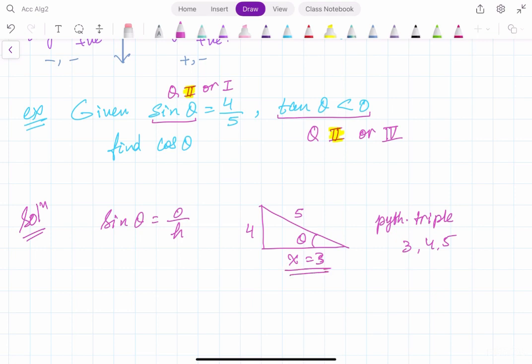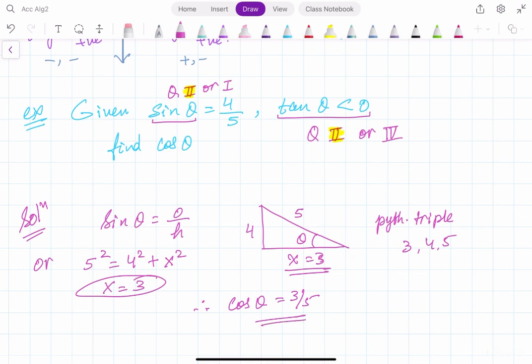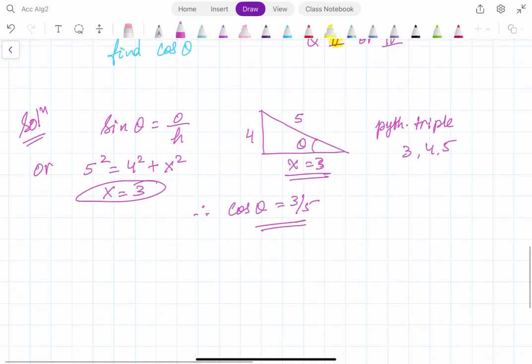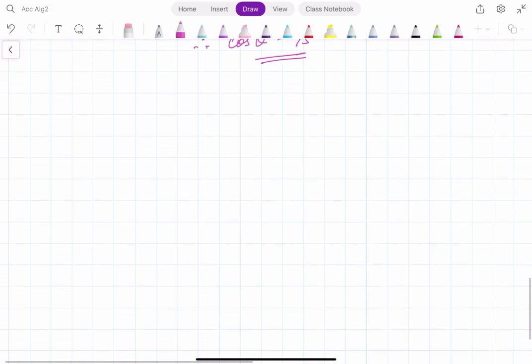So we have all the side lengths. Can I write the cos ratio? Cos ratio is adjacent over hypotenuse. The other way to understand is using the Pythagorean theorem. So hypotenuse is 5, one side length is 4, that will give you x is equal to 3. So cos theta will be 3/5. Okay, let's move on.